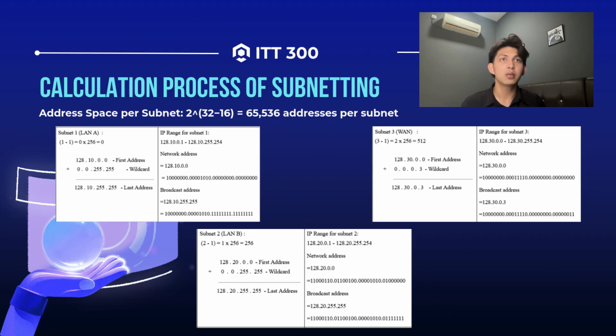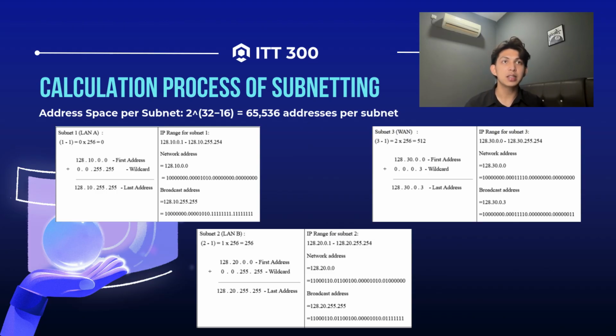For subnet 1, which is LAN A, the network address evaluates to 128.10.0.0, and by adding a wildcard value of 0.0.255.255, we establish our broadcast boundary at 128.10.255.255. So this leaves us with a usable host range running continuously from 128.10.0.1 to 128.10.255.254.